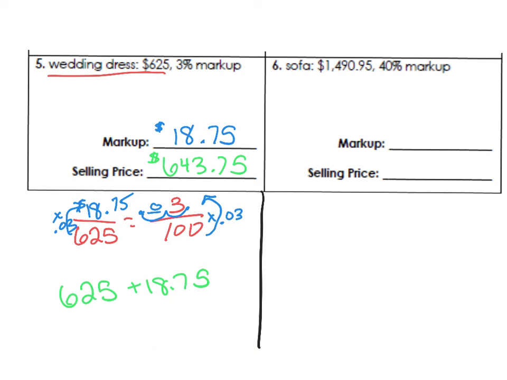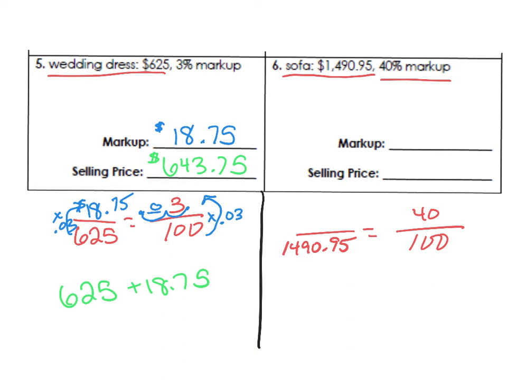Okay, let's try our sofa. Here we're going to have a bigger number. So we'll start out with our percent proportion. The sofa is $1,490.95, and you are not rounding to the nearest whole number right now. We're going to use that, and it's a 40% markup.